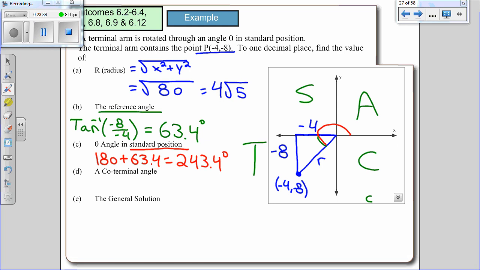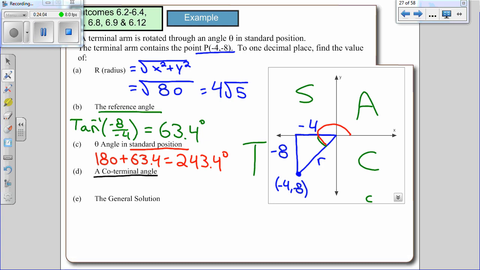All right, D, a coterminal angle. That's a definition we haven't talked about in a while. What's a coterminal angle mean? Co would mean 2, right? So it's another standard position angle that would get you to the same terminal arm.